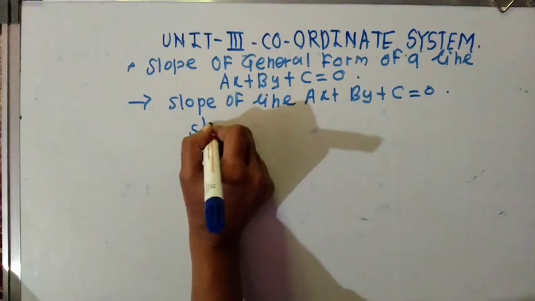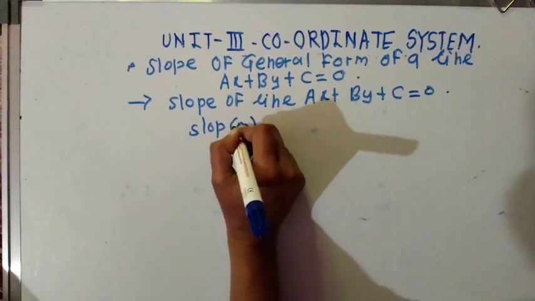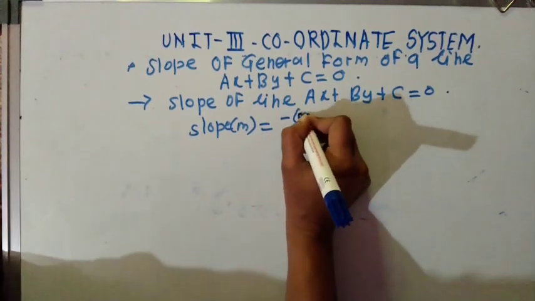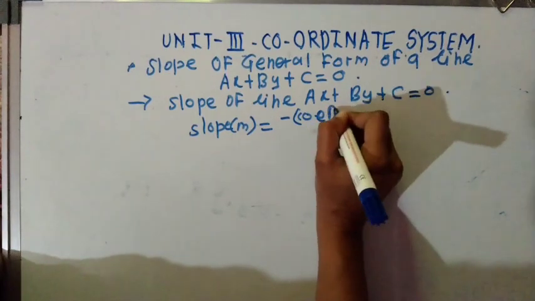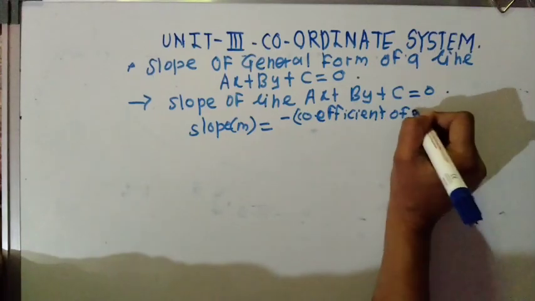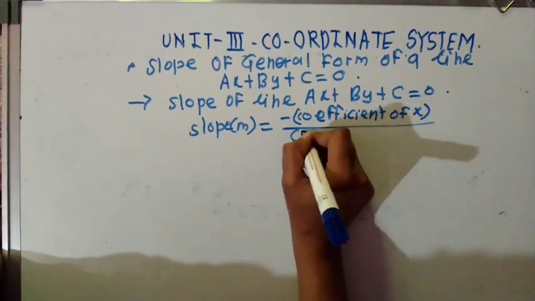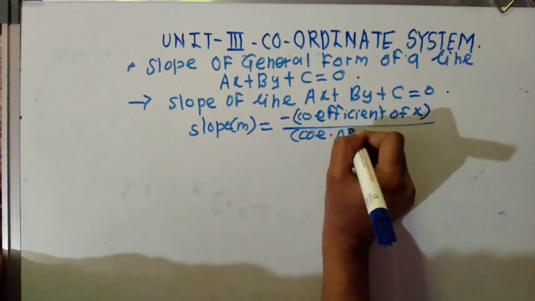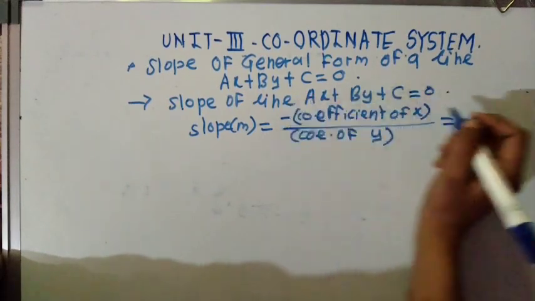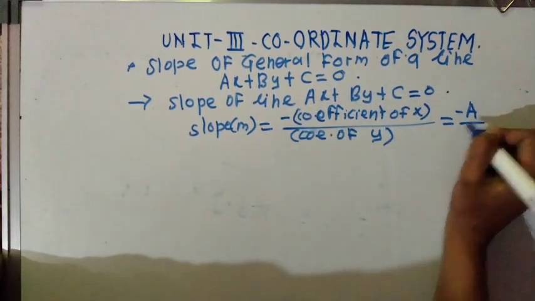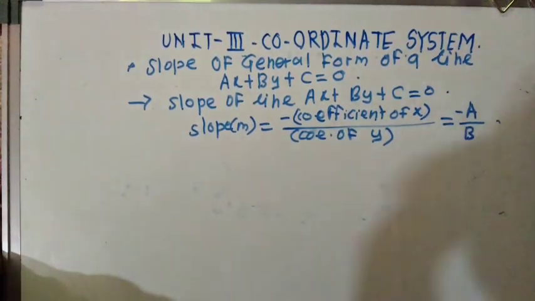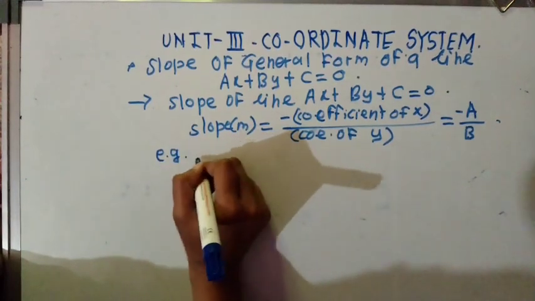Then we get the slope m is equal to minus coefficient of x upon coefficient of y. Hence here the coefficient of x is a and the coefficient of y is b, so m is equal to minus a upon b.